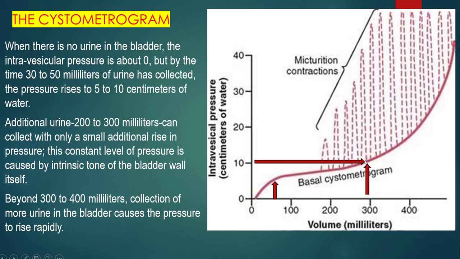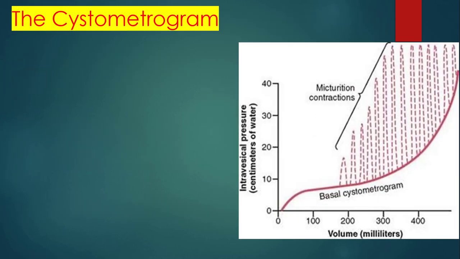Beyond 300 to 400 milliliters, collection of more urine in the bladder causes the pressure to rise rapidly. When this volume increases beyond 300 milliliters, there is a sudden rise in the intravesical pressure.